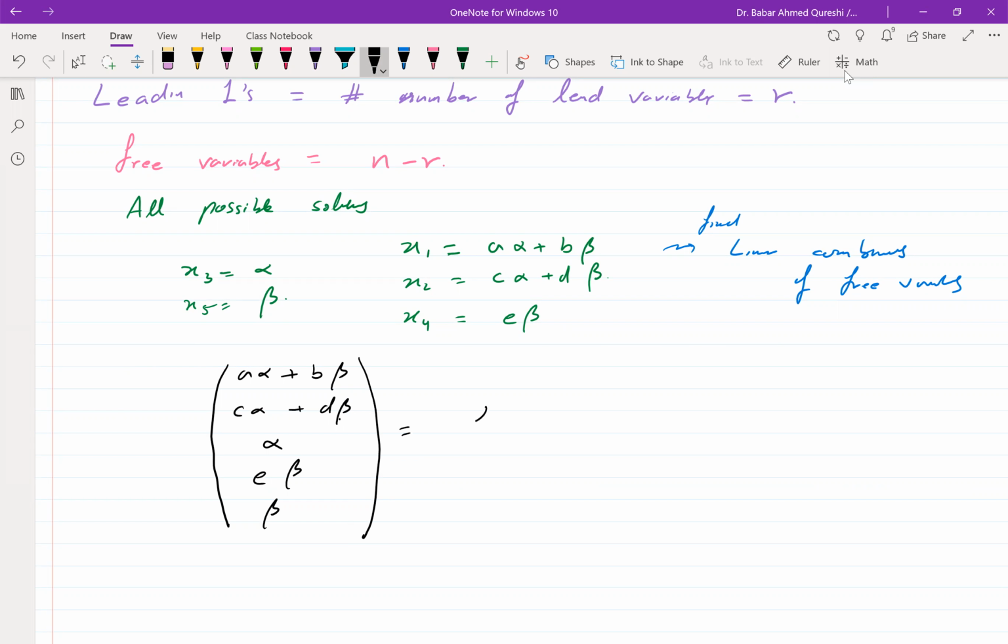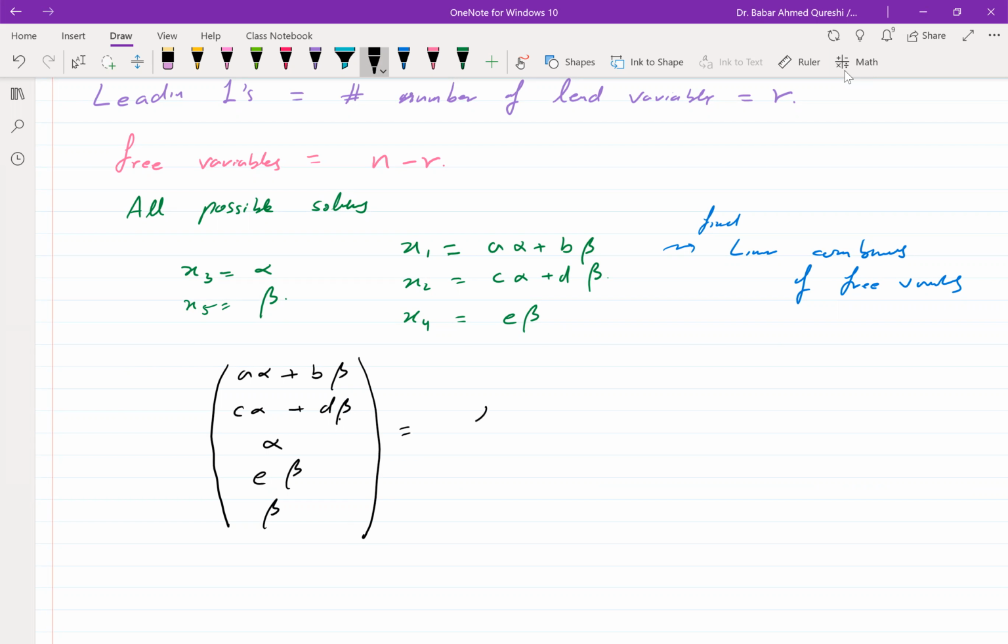Zero, and I have an E here and 1 here. So now I have got my subspace, because I have these two fixed vectors which are being spanned with arbitrary alpha and beta to give me my subspace, which is the null space.